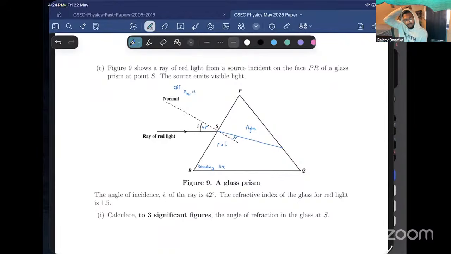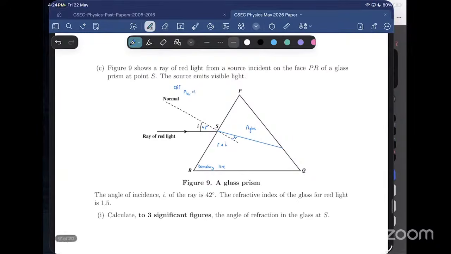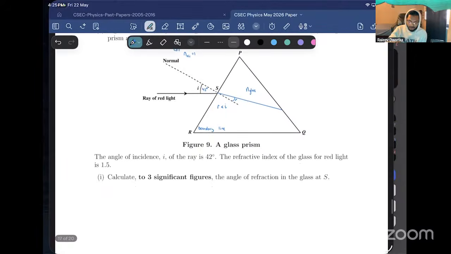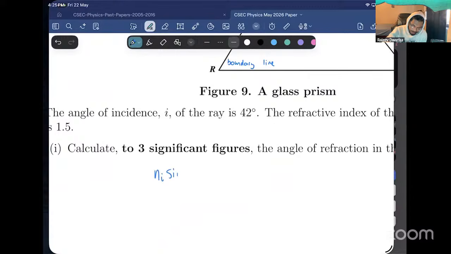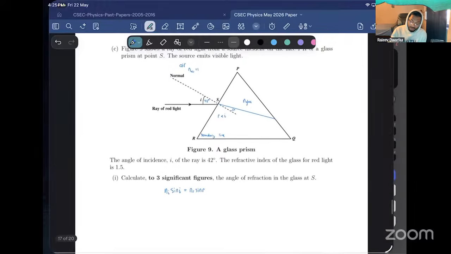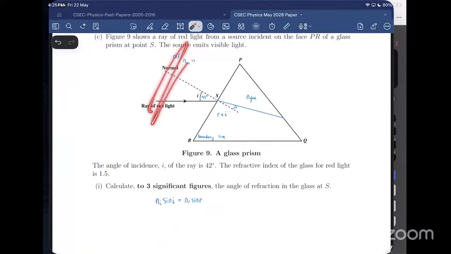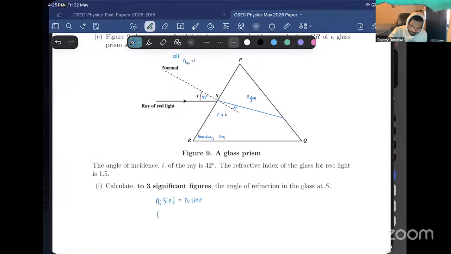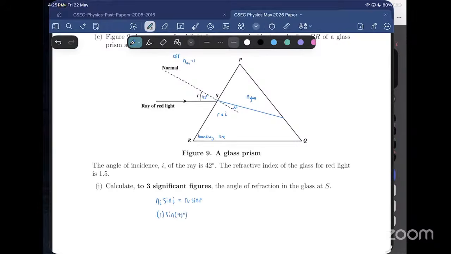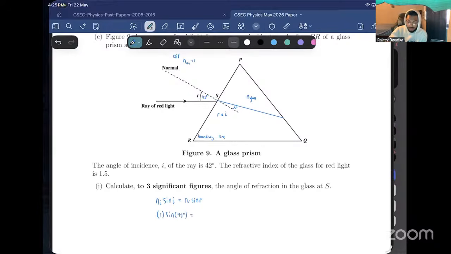They don't want me to find the refractive index of glass. They want me to find the angle of refraction. So Ni sin i is equal to Nr sin r. Where's the incident ray? It's in air, so I'm going to replace Ni with 1. The angle of incidence is 42.